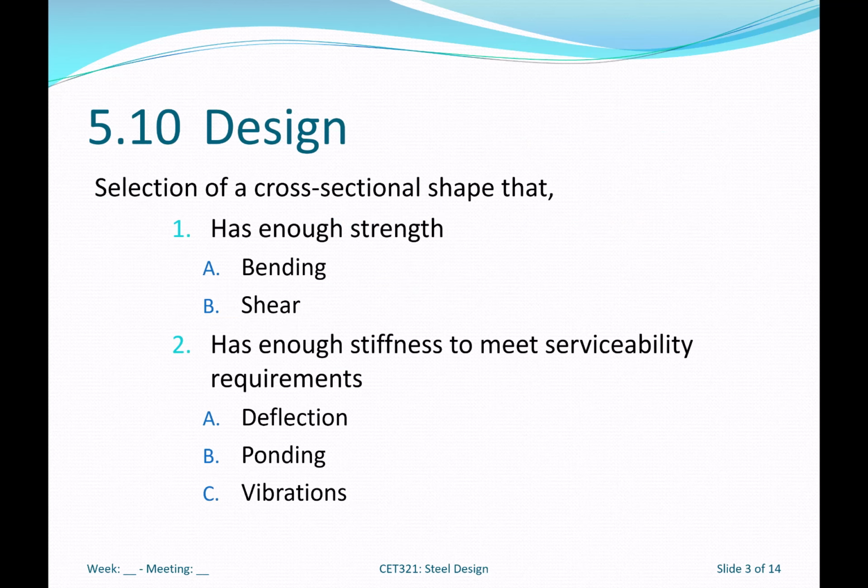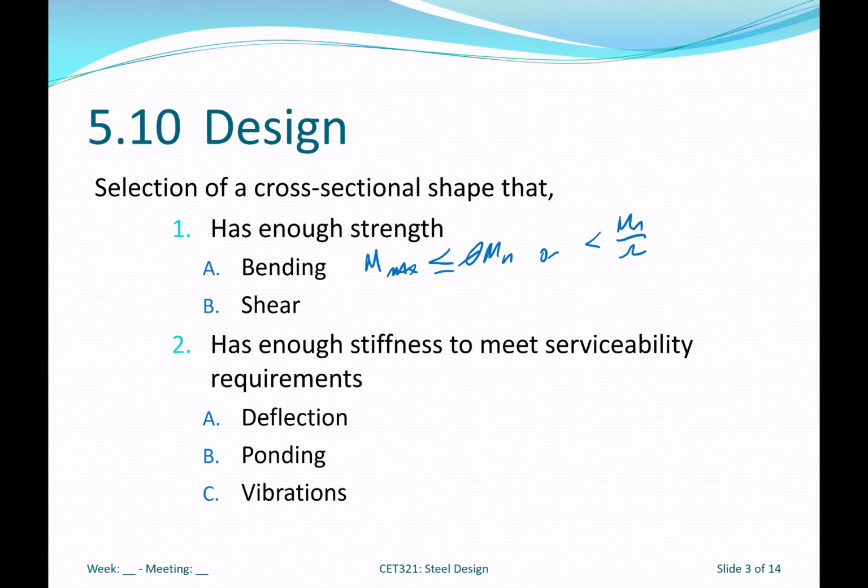So strength, certainly bending. Our M max has to be less than or equal to phi Mn, or less than or equal to Mn over omega, our nominal moment over omega.